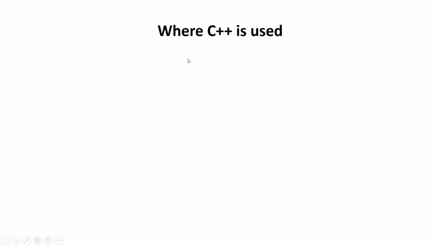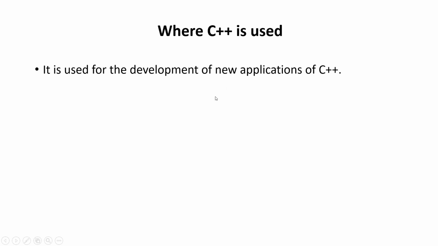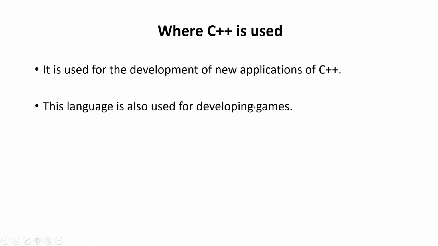Where is C++ used? It is used for development of new applications. We can use C++ to develop applications for computers, and we can also create games. This language is also used for developing games.